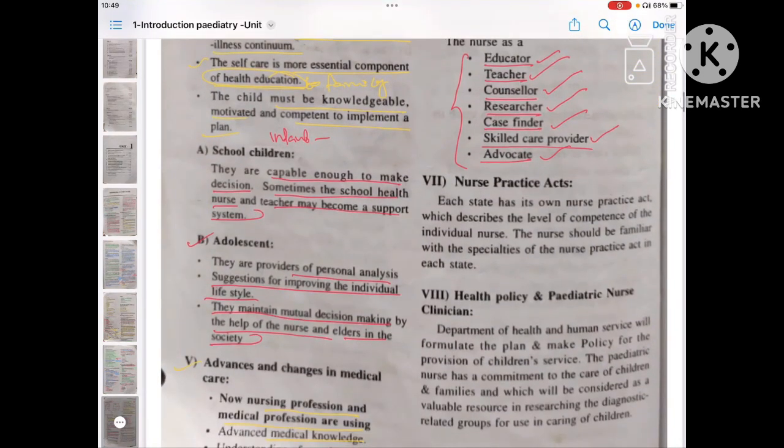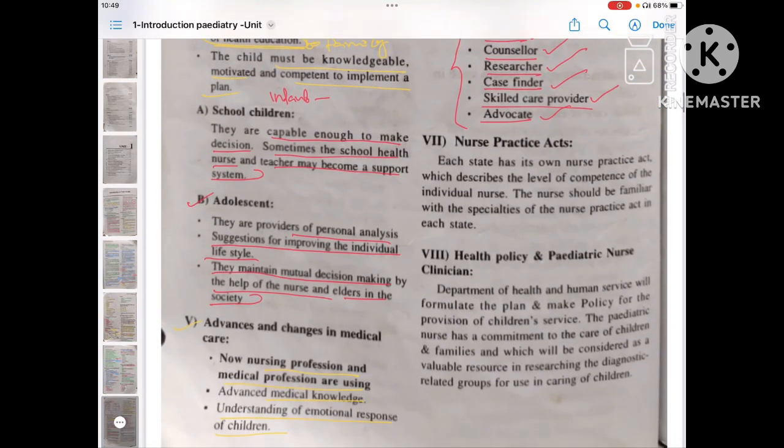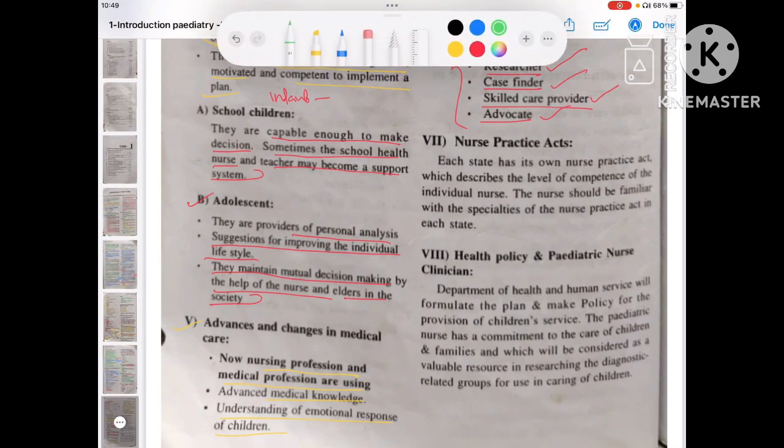And next, the seventh one, is the Nurse Practice Act. Each state has its own Nurse Practice Act, which describes the level of competence of the individual nurse. The nurse should be familiar with the specialties of the Nurse Practice Act in each state. Each level of nurse has their own practice.